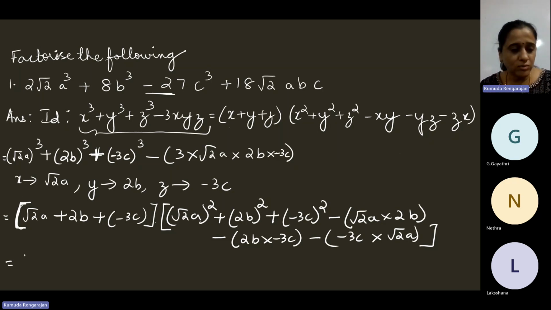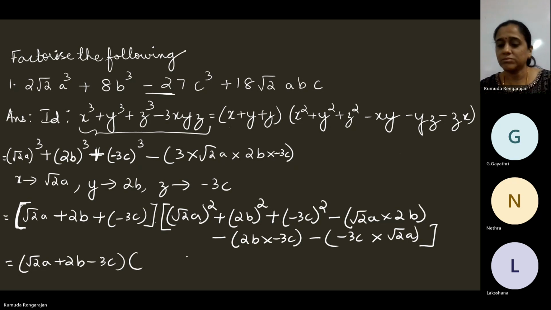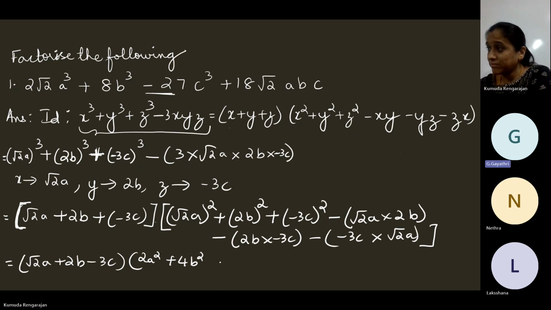So this is almost like the last step. So root 2a plus 2b minus 3c into, what is the answer? Yeah, 2a squared, then 4b squared, then plus or minus? Plus. You should not multiply plus into minus, minus, no. Minus 3c the whole square.